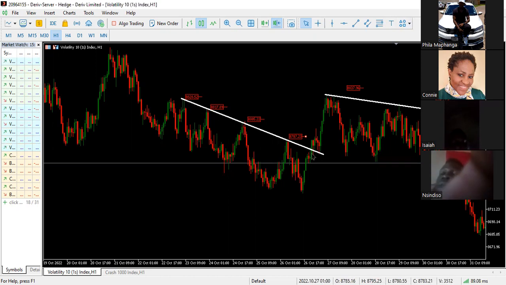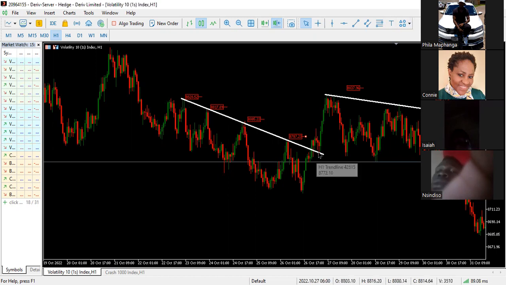As you can see here, the trend line is broken. Now the trend line is going to hold this side, but you cannot use it on this side. It will only show you that the trend line is broken, then it will go up. It will not come back to test again. That means you can buy here and let the price go up with you.